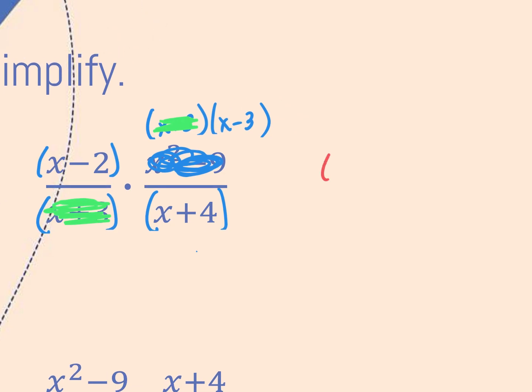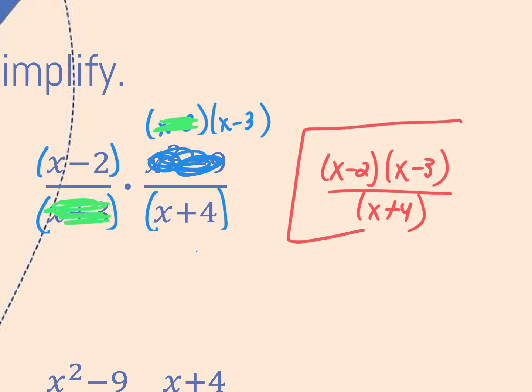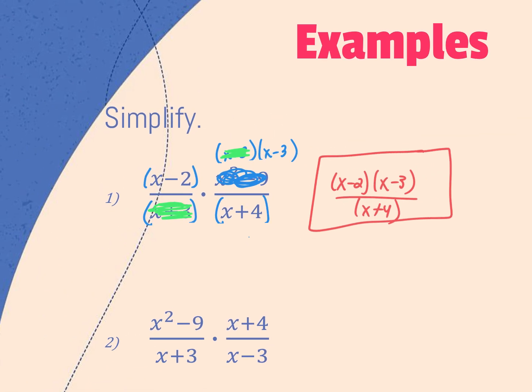Your numerator would be x minus 2 times x minus 3 over x plus 4. Do not FOIL that, guys. We're simplifying. We want things to be in their simplest form. So leave it just like that. Questions? We literally are just going to factor, and then cancel out.